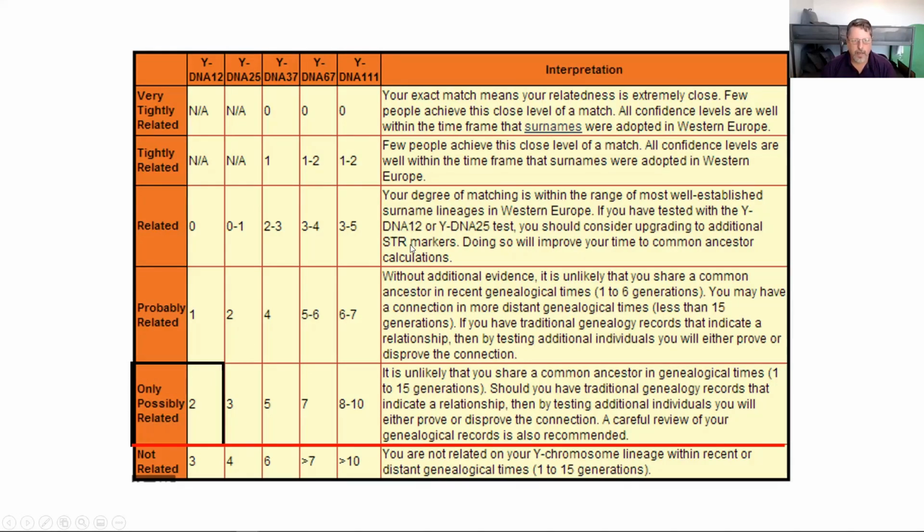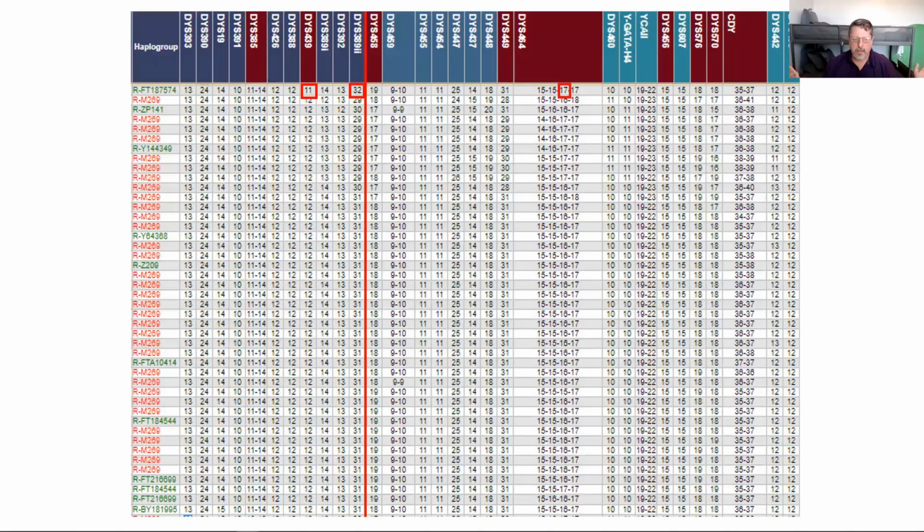So at Y111, the biggest lower level test, if you have more than 10 genetic distances, then you're not related, right?